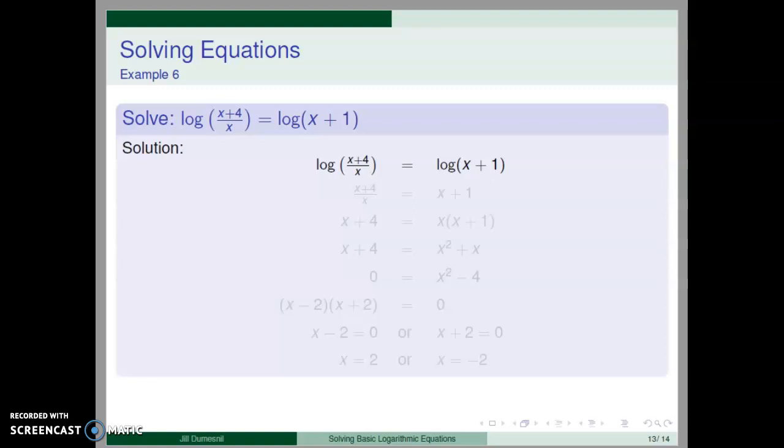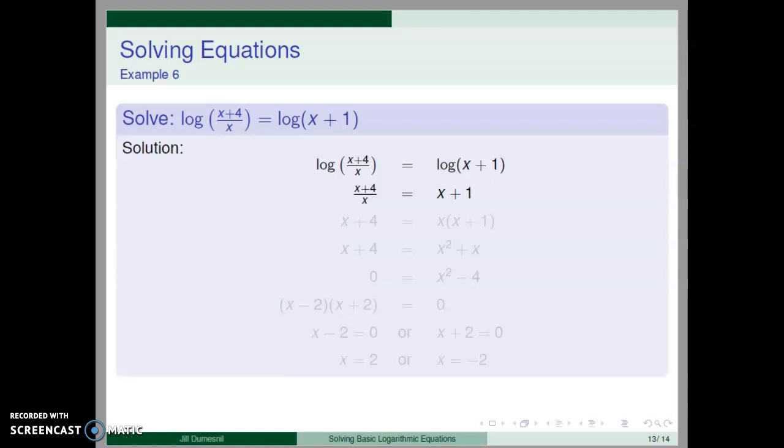You will learn more about the common logarithm and its application in future courses and videos. However, all logarithmic functions are one-to-one, so we know that equal log values must have equal inputs. So we get that the fraction x plus 4 over x equals x plus 1.